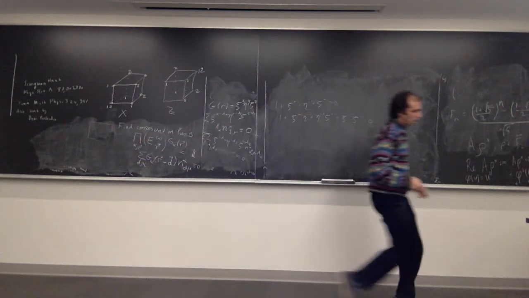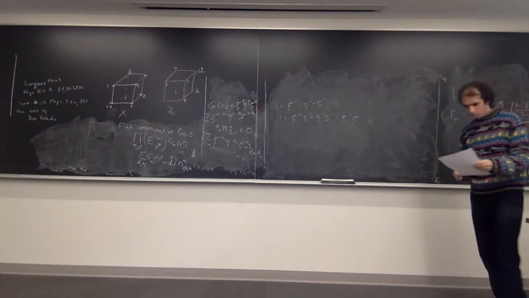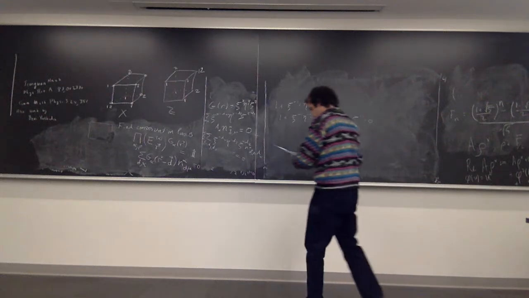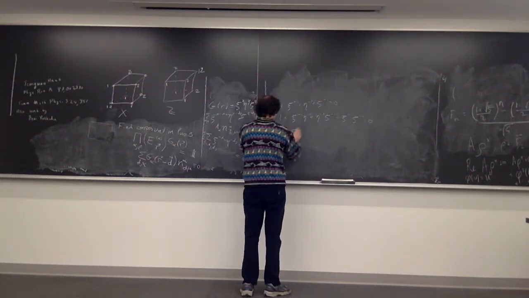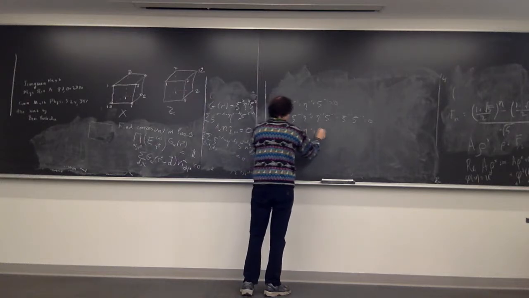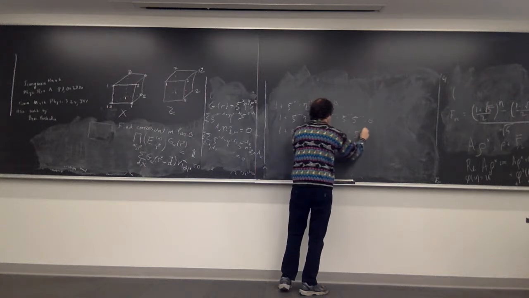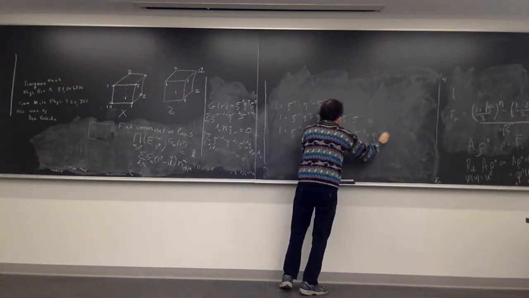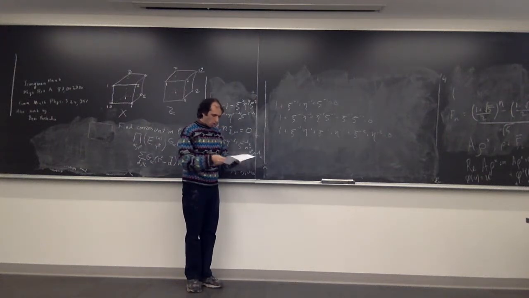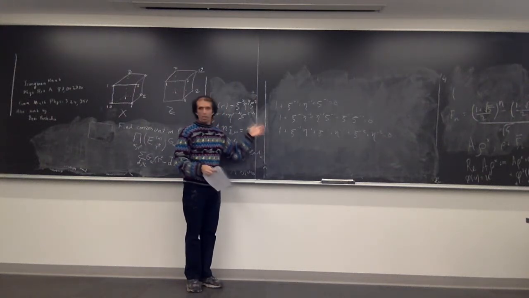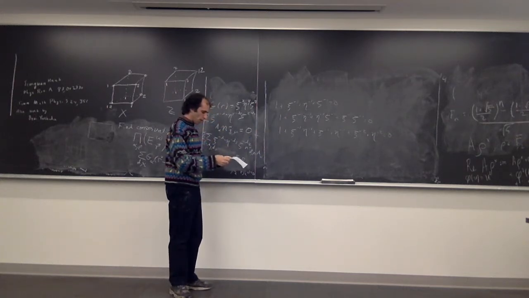If I eliminate zeta, I get this. So now I have a bunch of relationships, and I want to prove that defects can't move.